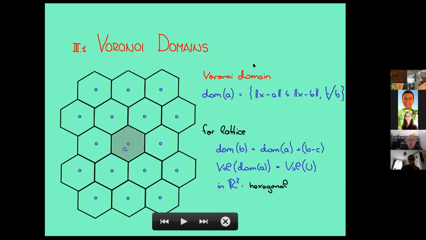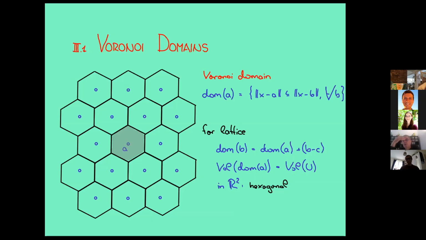The volume of a Voronoi domain is the same as the volume of the fundamental domain. And this should also be obvious because we have one domain for each point, and all the points are the same. We also have one fundamental domain for each point, and they're all the same.